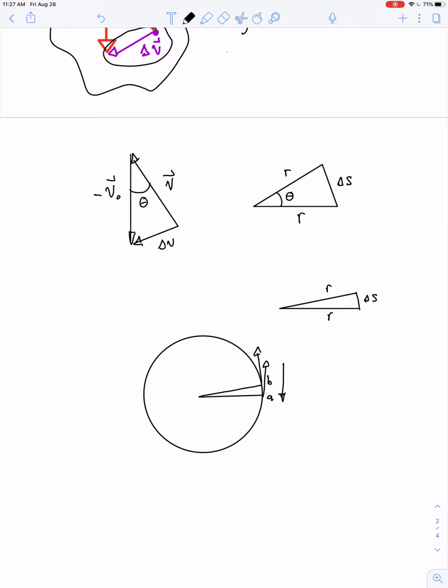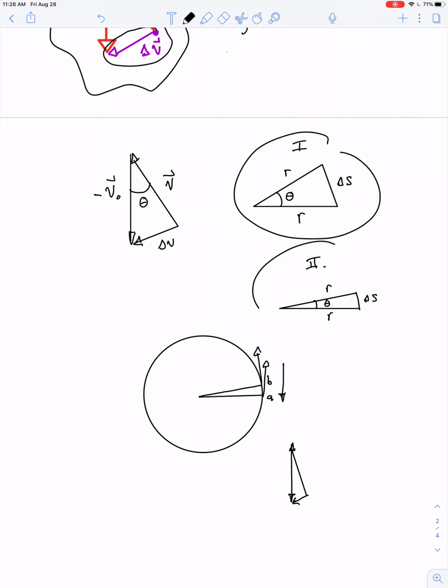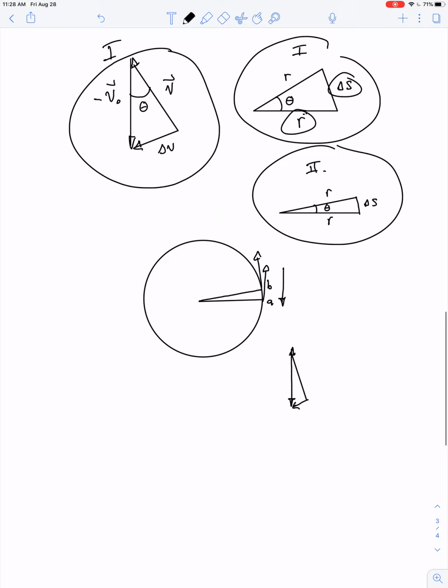So now we get a vector diagram for the velocities that looks more like this. And just as the angle got smaller from case number 1 to case number 2 regarding the diagram with the ratio of delta s to r, the velocity and change in velocity diagram also shows the angle got proportionally smaller.